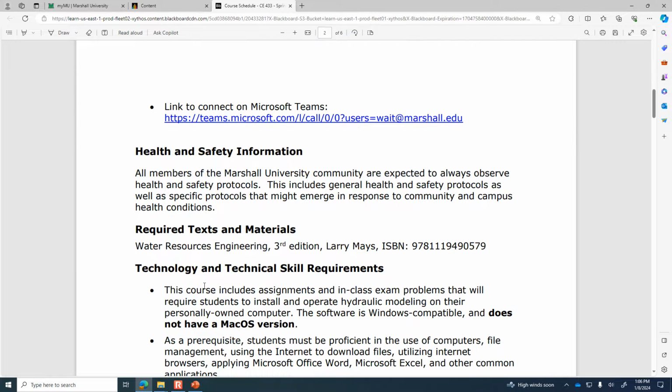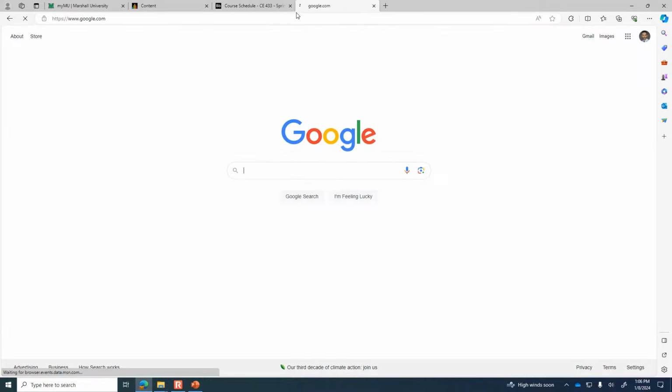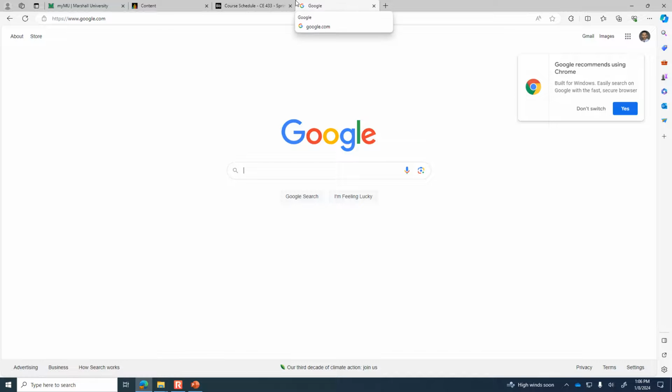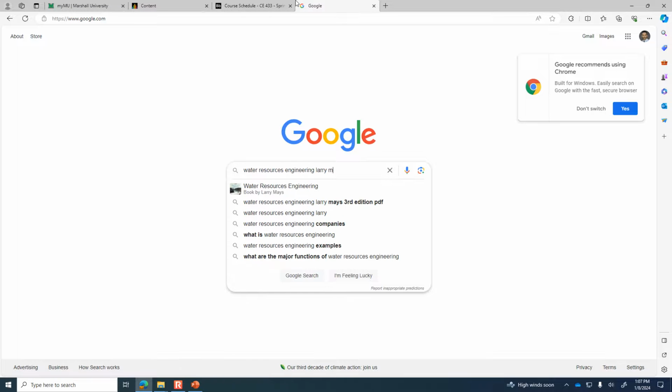Our textbook is Water Resources Engineering by Larry Mays. Does anybody already have a copy of it? I didn't look to see how much they're charging for it online. Let's just do a quick search because that's always interesting. Water Resources Engineering, Larry Mays.